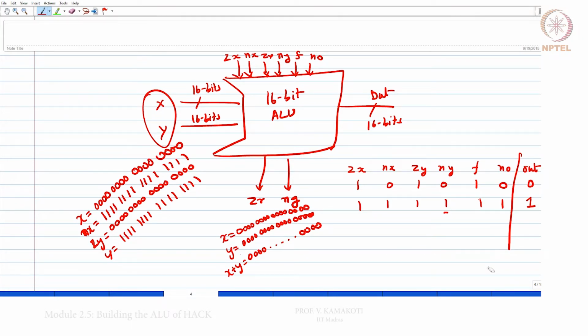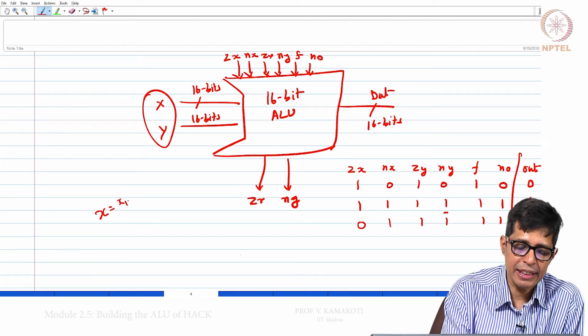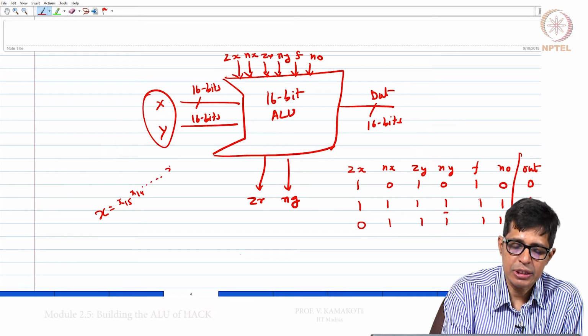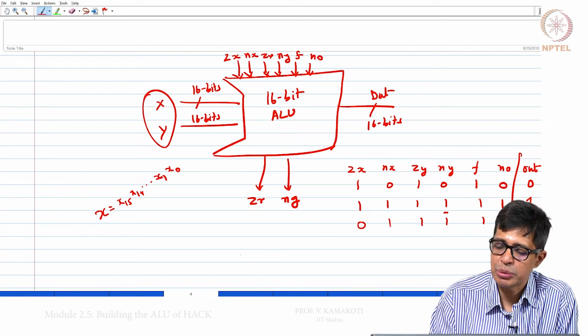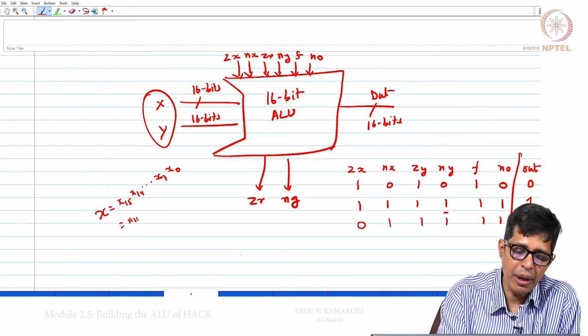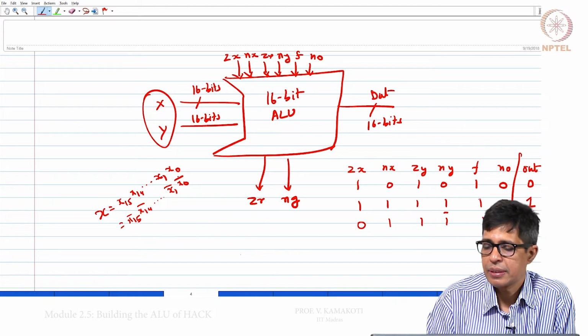Let us say, for example, I want to increment x, x plus 1. So, this will be 0 1 1 1 1 1. Since ZX is 0, x will come as it is: x15, x14 till x1, x0. And since NX is 1, this will become x15 bar, x14 bar till x1 bar, x0 bar.